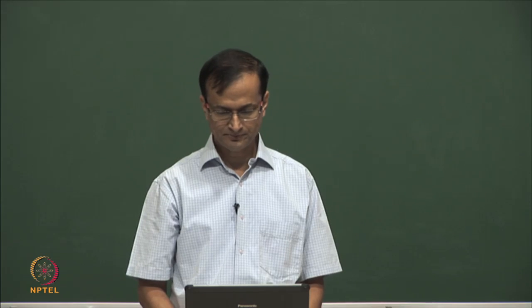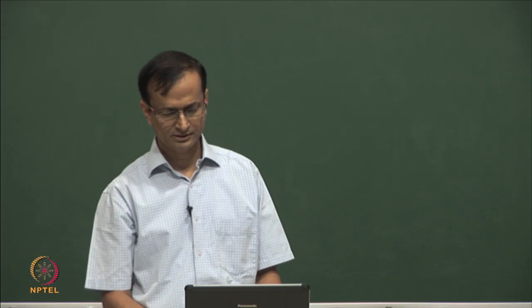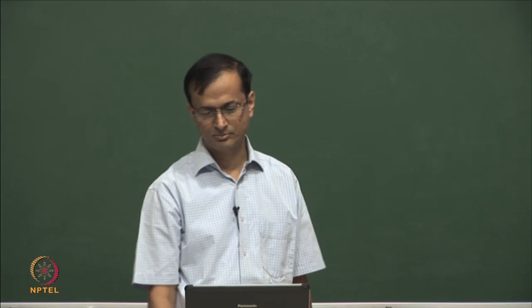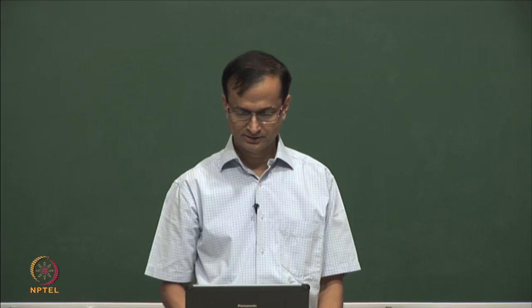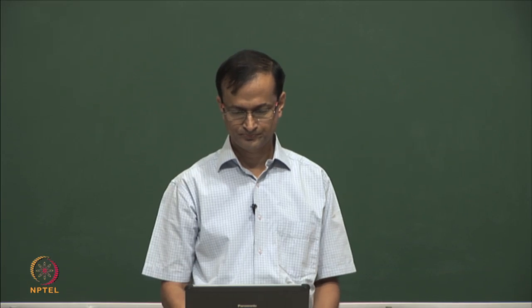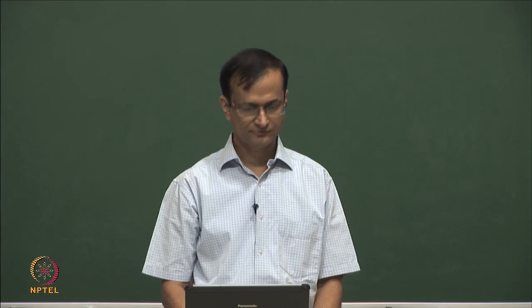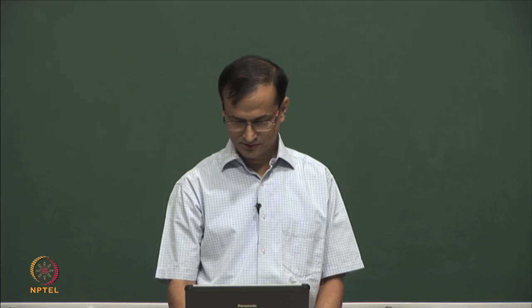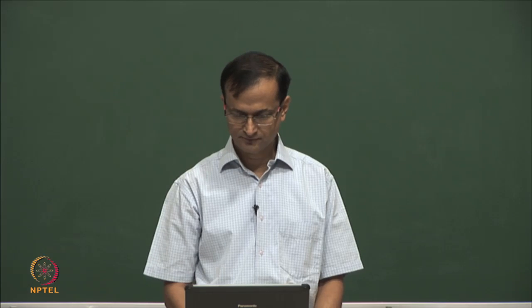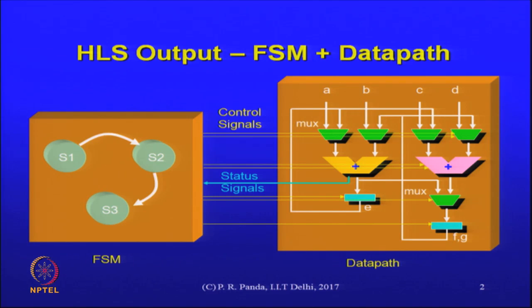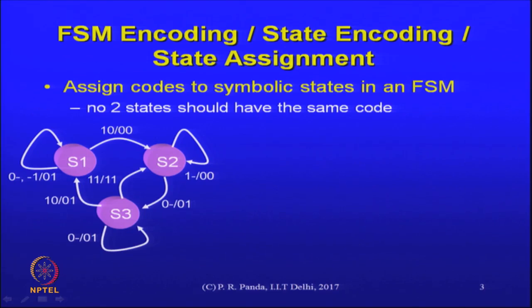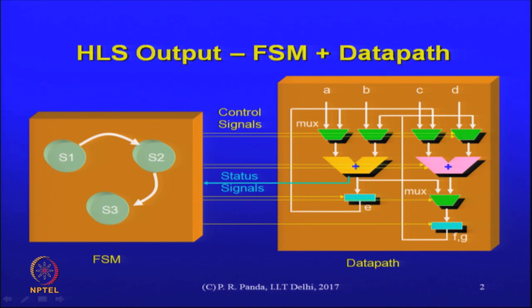Okay, different topic today. FSM encoding is an important step that takes us closer to hardware detail from the behavioral level of abstraction. If we look at the output of high level synthesis, there was this data path which looks very structural, right.